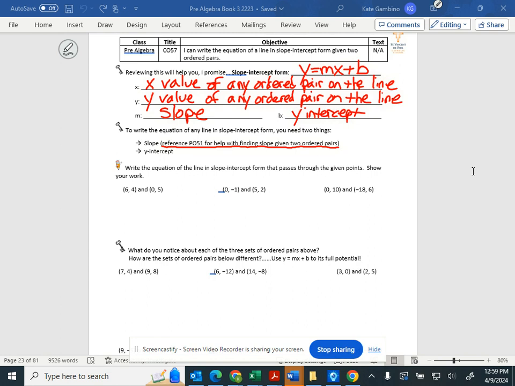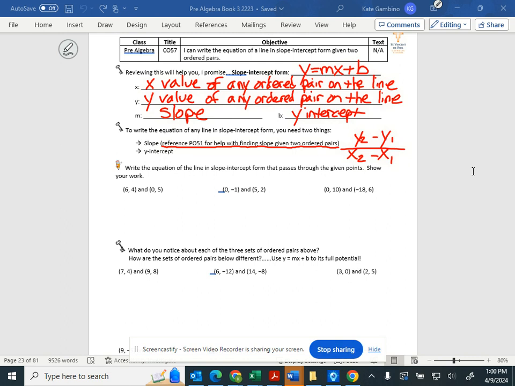Y2 minus y1 over x2 minus x1. So we're bringing back previous knowledge, not something new, and then we're going to put it into slope-intercept form.